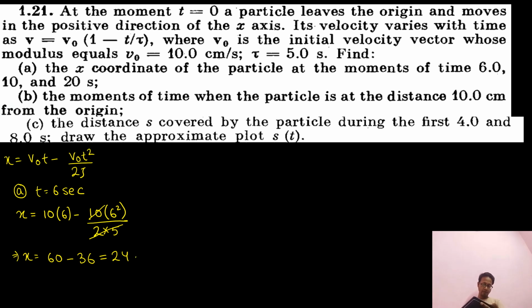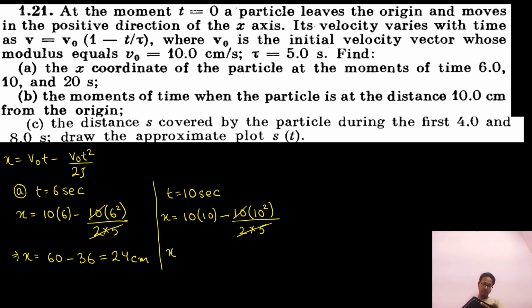So 24 centimeter. Now the next part of the question, at t is equal to 10 seconds. We apply the same formula, x is equal to 10 into 10 minus 10 into 10 square divided by 2 into 5. So the 10 and 10 will get cancelled, or x is equal to 100 minus 100. So x is equal to 0 at 10 seconds. So the particle will return back to its initial position at t is equal to 10.